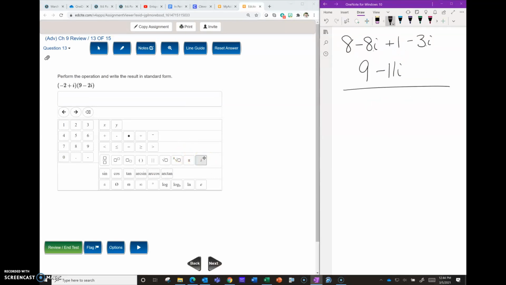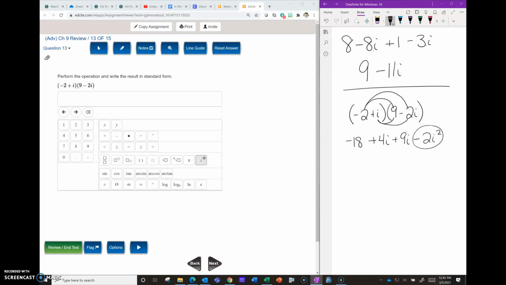This one, it doesn't say show work, but you really should, because I don't know that anyone could do this correctly without showing work. You should show work on this problem. Negative 2 times 9 is negative 18. Positive 4i, 9i, and negative 2i squared.